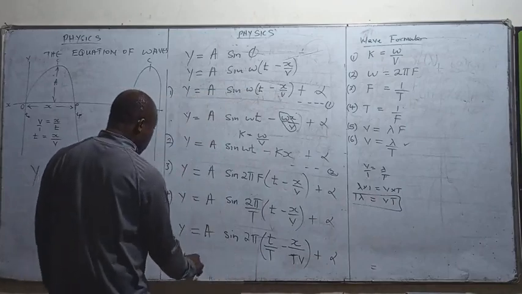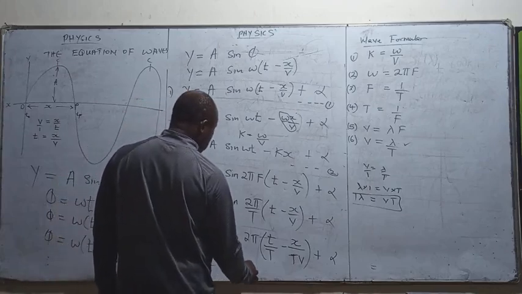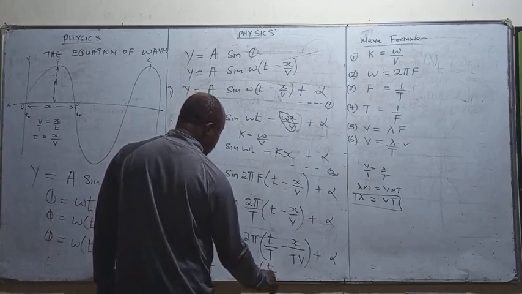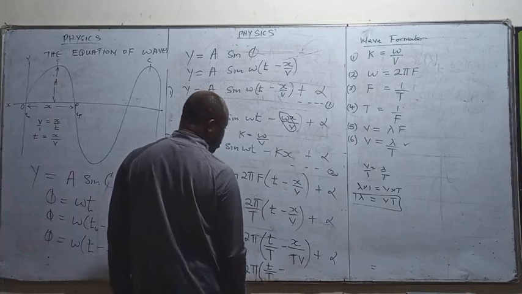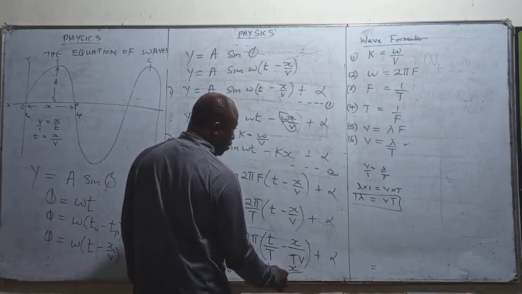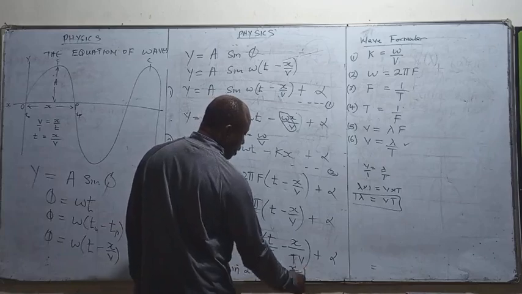So we have y equals A sine 2 pi bracket t over capital T minus x over lambda bracket.